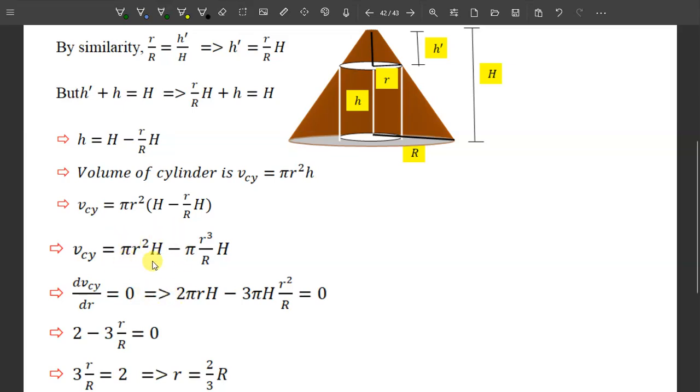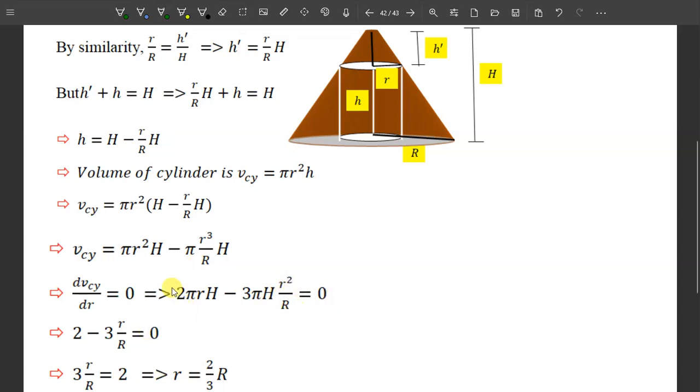The derivative of this with respect to r is 2 pi r capital H minus the derivative of the other part with respect to r, which is 3 pi H r square over capital R, and this must be equal to 0.